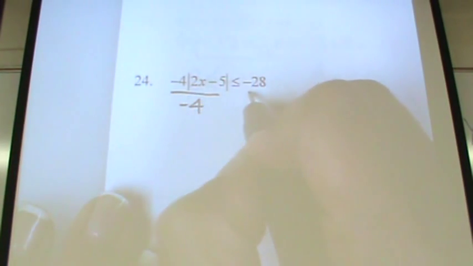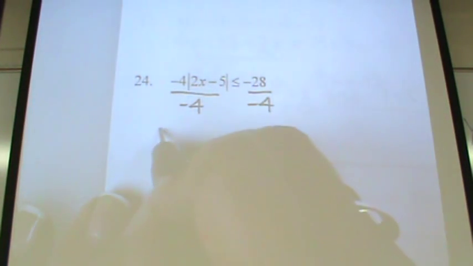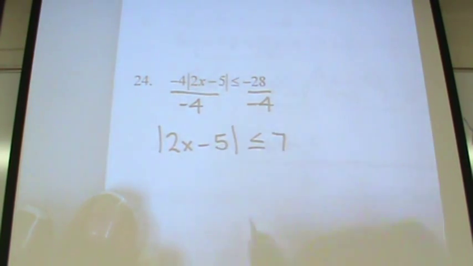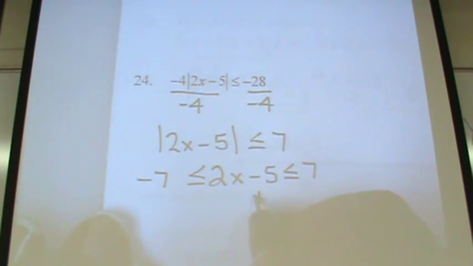And for this one, you would divide both sides by negative 4. So you get absolute value 2x minus 5 is less than or equal to 7. And now this is an and problem. So you're going to break this up into 2x minus 5 is less than or equal to 7 and greater than or equal to negative 7. So add 5.